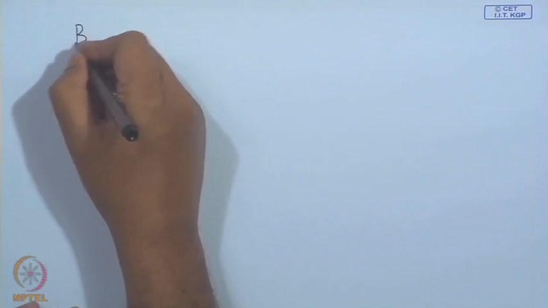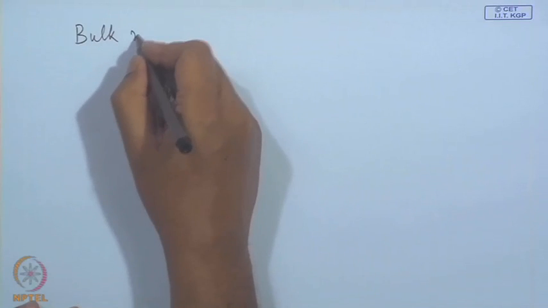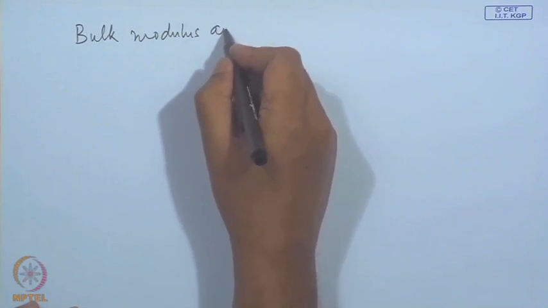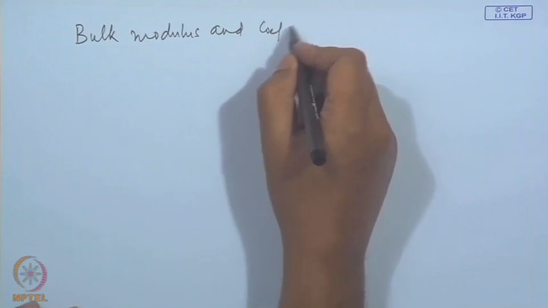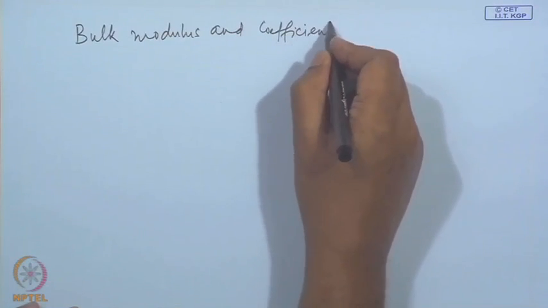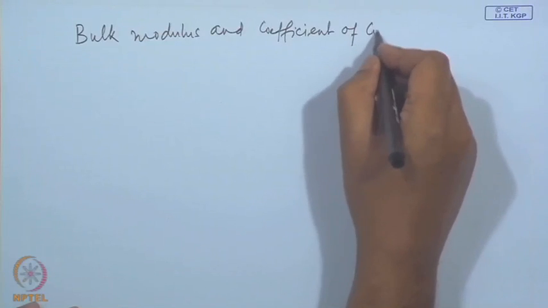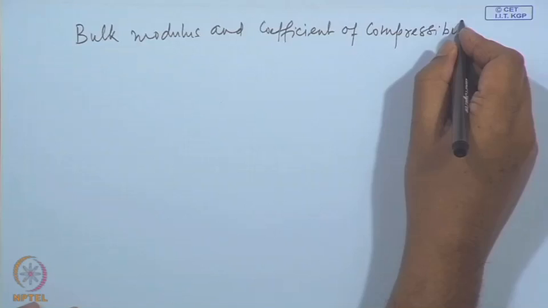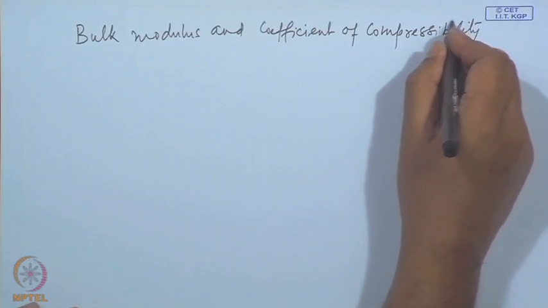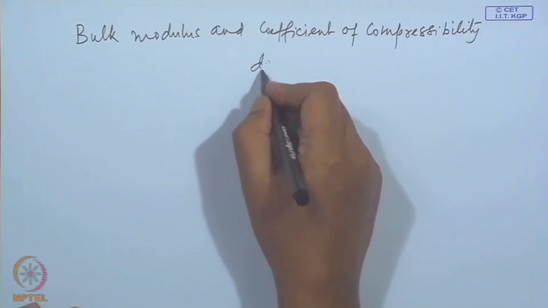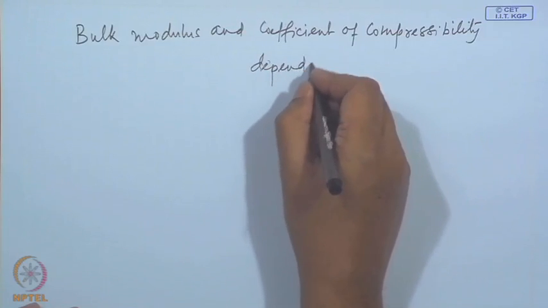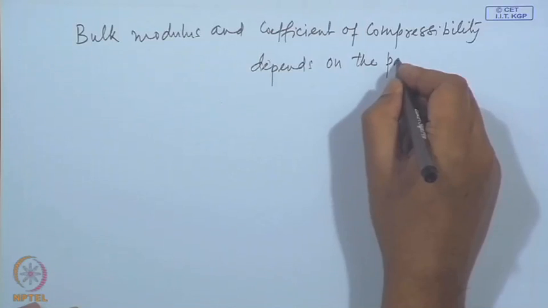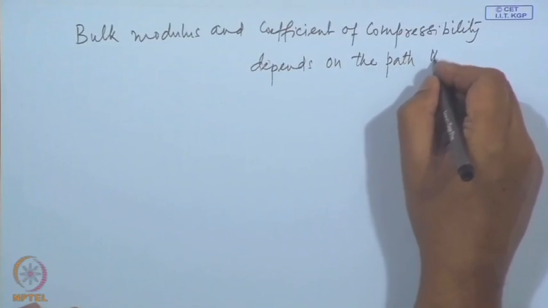So, bulk modulus and coefficient of compressibility depend on the path that the change follows.